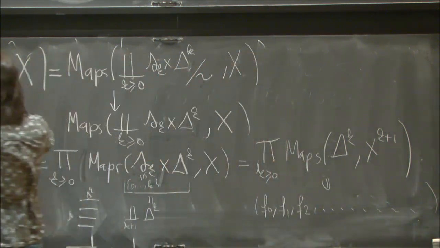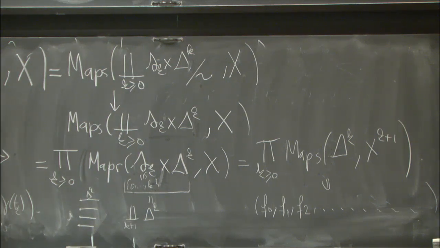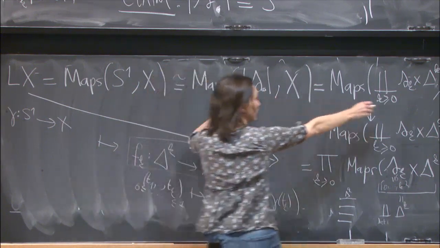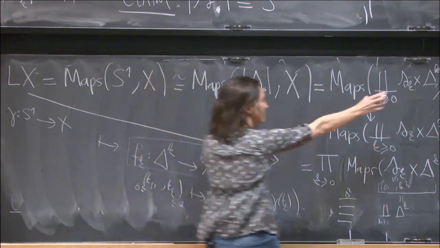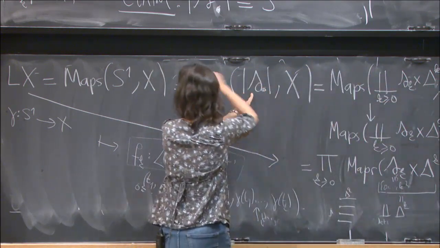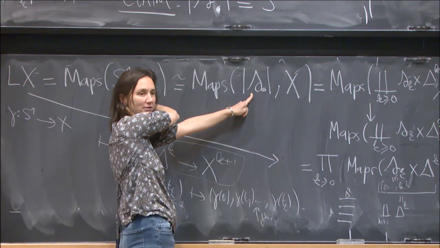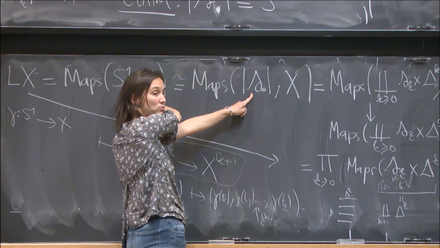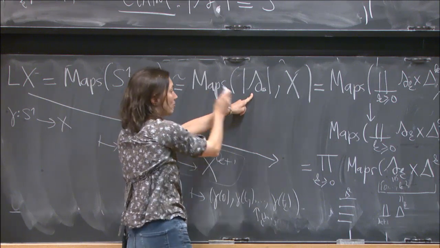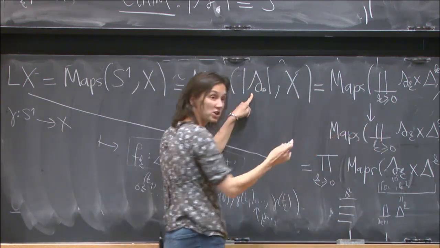How is that k simplex attached to S1 in the realization of this simplicial set? If k is big, it's a degenerate simplex.